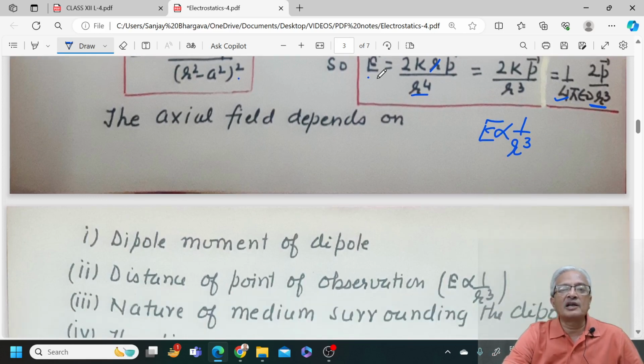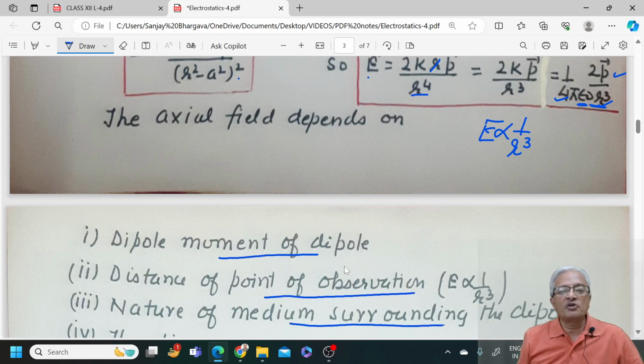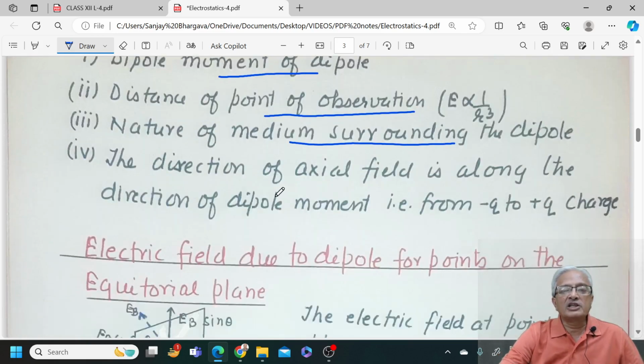So what does the electric field depend upon? It depends upon the dipole moment of the dipole, that is, it depends upon p. It depends upon the nature of the medium surrounding the dipole through epsilon, and the distance of the point of observation, that is r. The direction of the axial field is along the direction of the dipole moment.